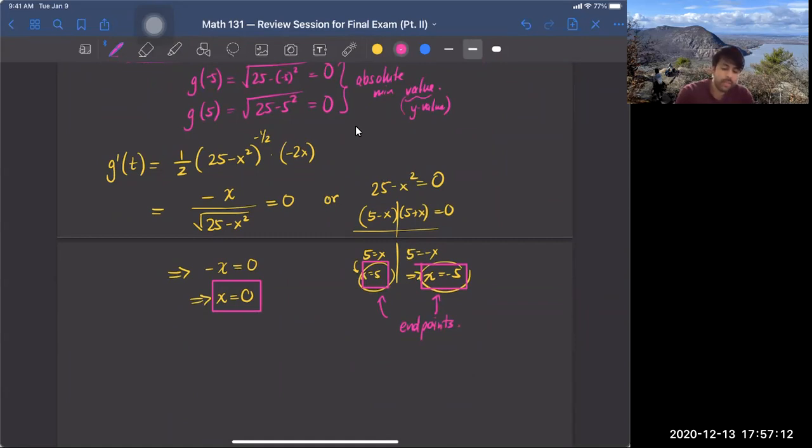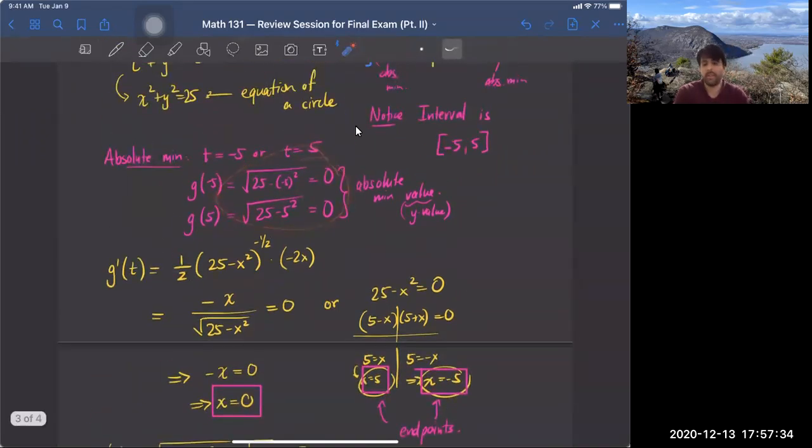Now, just to make sure that this is going to be a max, I have to plug into my original function g of 0, which is the square root of 25 minus 0 squared, which is the square root of 25, which is 5. And 5 is bigger than what I got when I plugged in -5, which was 0.